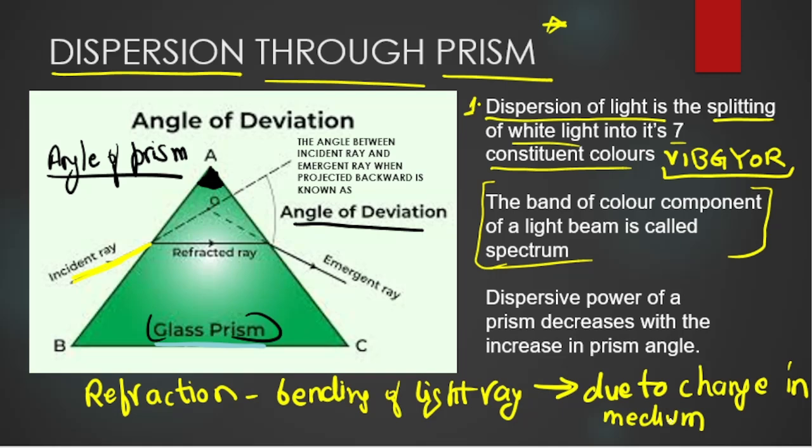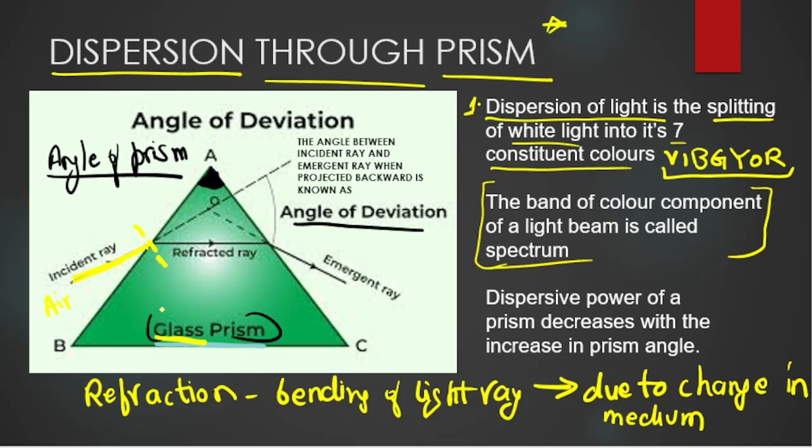So here this is air, this is glass. Rarer to denser medium, right? Rarer to denser medium, so it will bend towards the normal.